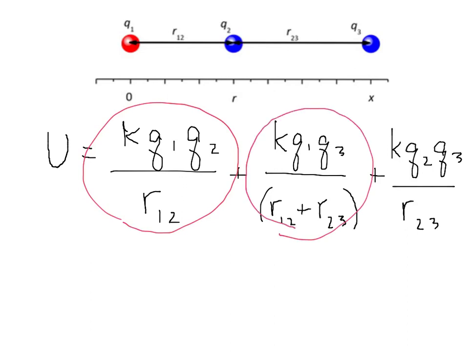So those will be our negative terms, and then we're going to have a positive term here with the last one. Two negative charges, when you put two negatives and multiply them, you're going to get a positive. So it's possible we could have enough negative to counteract the positive, and we could get a total of 0.